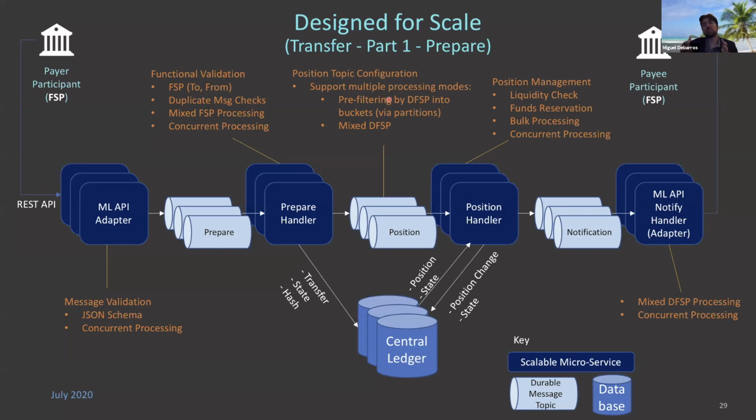So we can ensure that similar workloads based on an FSP always arrive in the same bucket. That means we can have dedicated position handlers that process just that FSP's workload if we wish. Some of the advantages that gives us is optimized processing in terms of how we do the position management, etc.